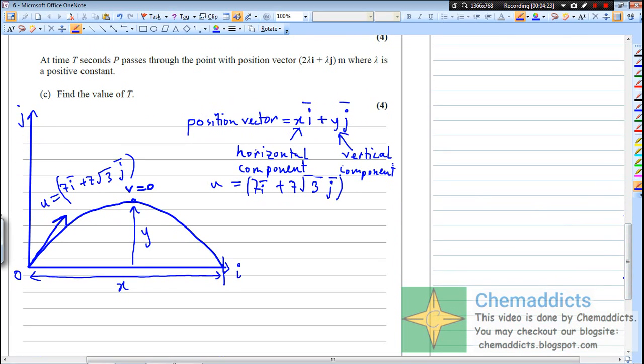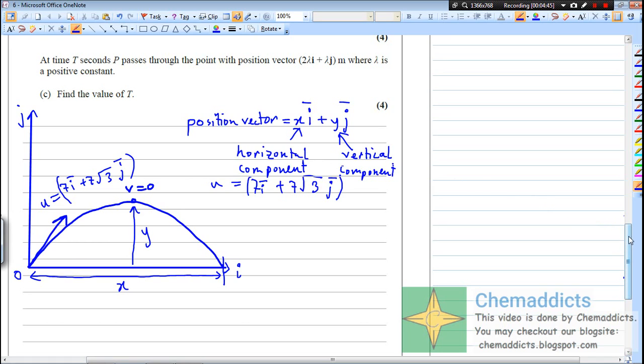So from here we can say that the horizontal component of the position vector is x and the vertical component is y. Let us note this down in the diagram.